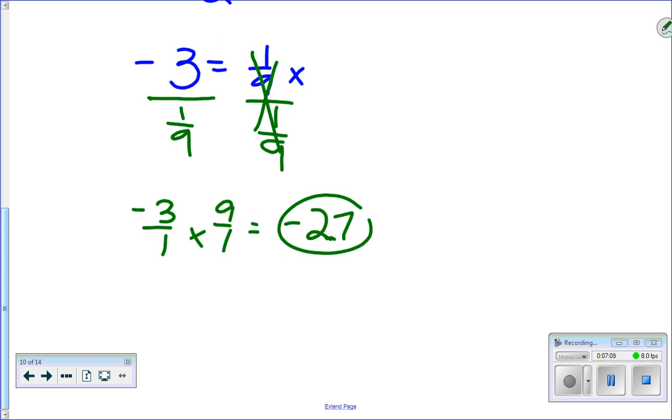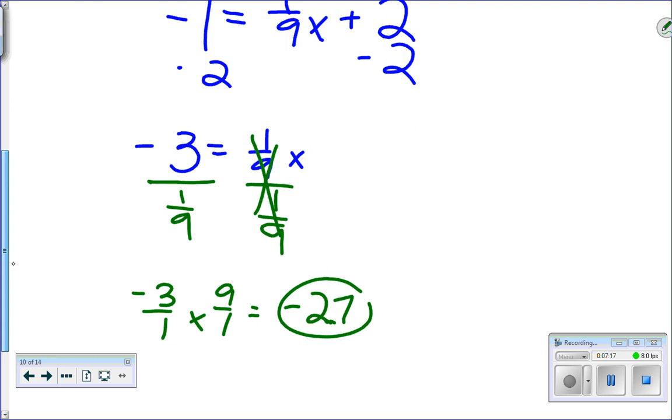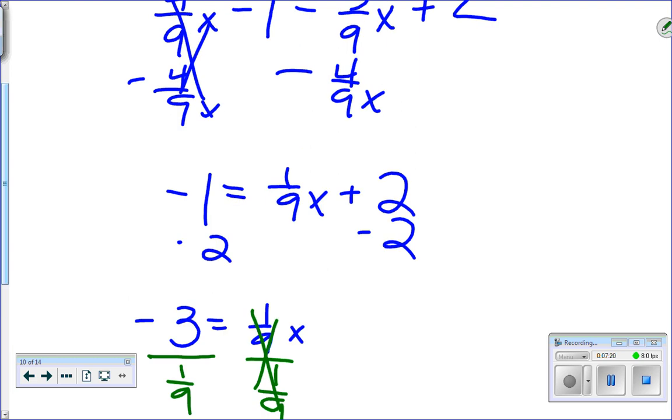See, if you write it out, it might just help. Did you have something on this side, though? Did you have something on this side of the equal sign? Then you still didn't do it correctly.